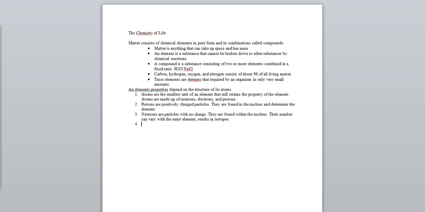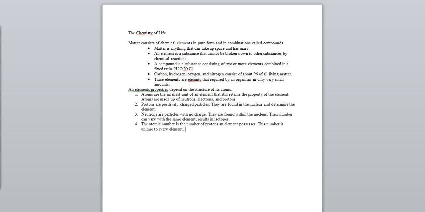So the atomic number is the number of protons an element possesses. This number is unique to every element.